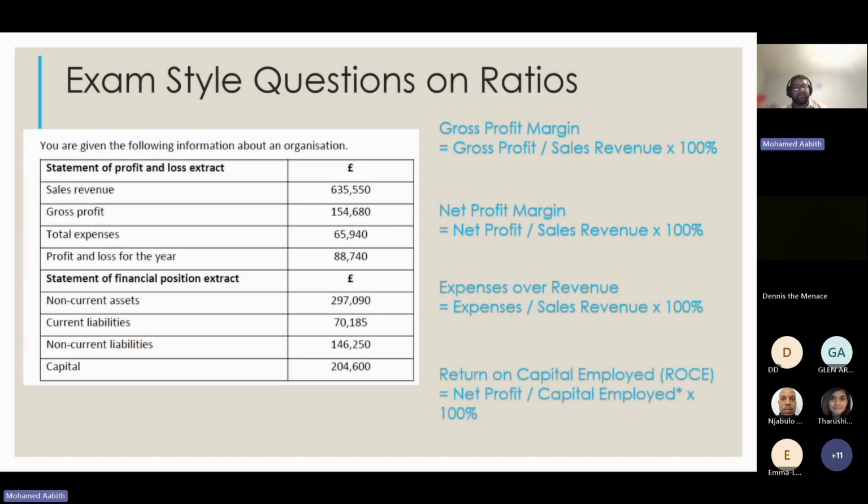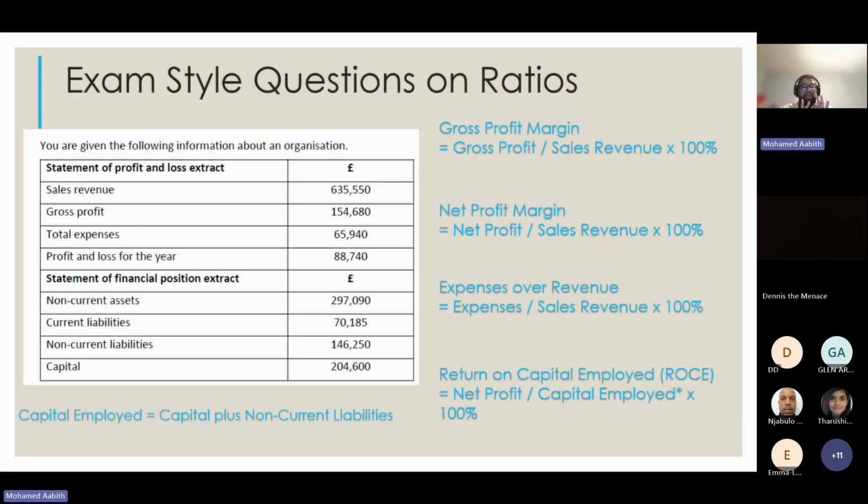The last one is something you may not have heard about before. Return on capital employed. What is capital employed? It's not just the money you put into the business. It's also your non-current liabilities, that means any long-term liabilities you took on. For example, a bank loan or a bond you have taken.